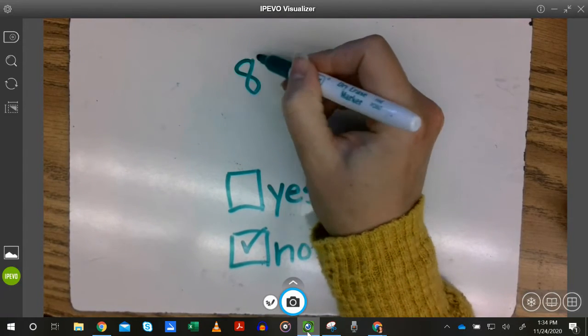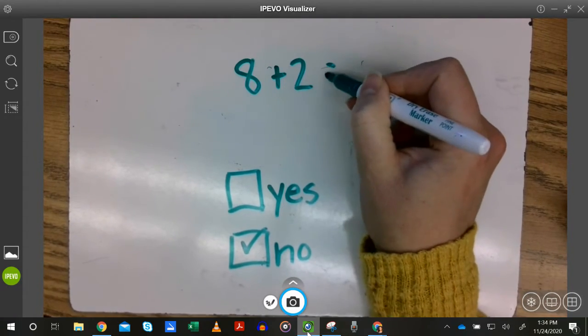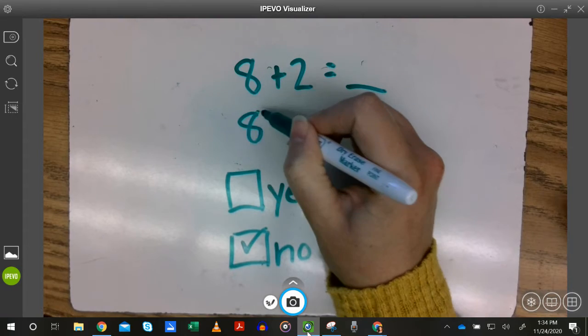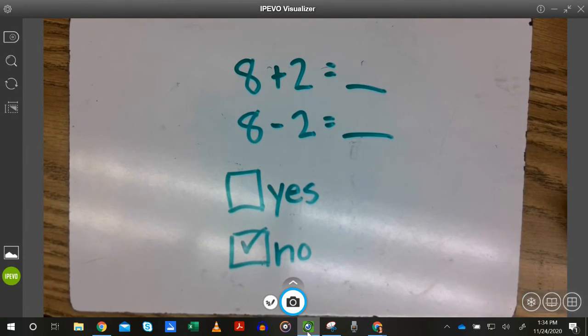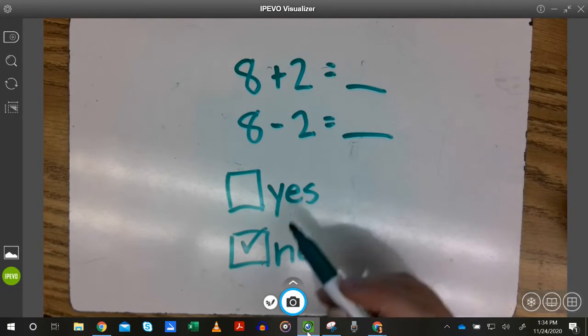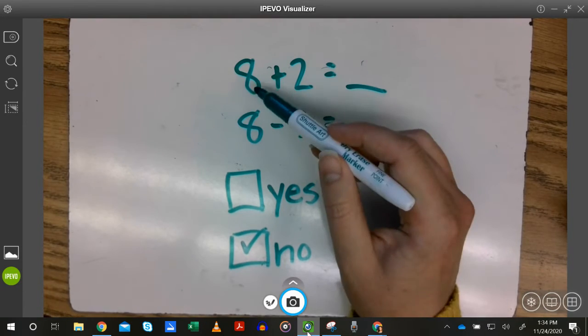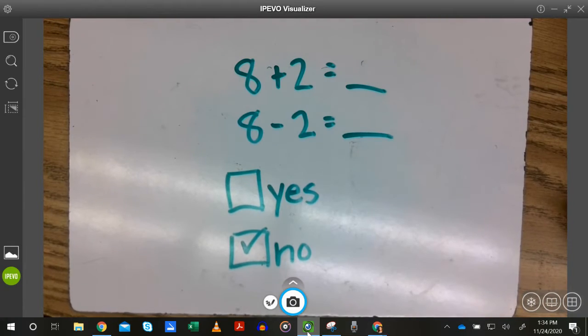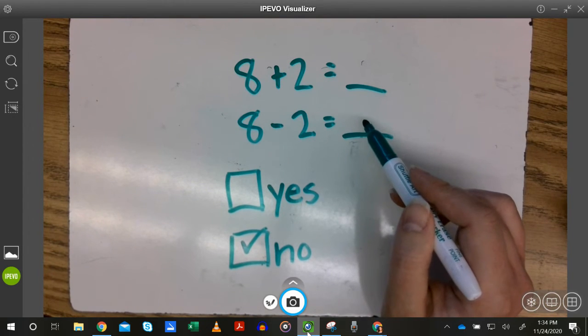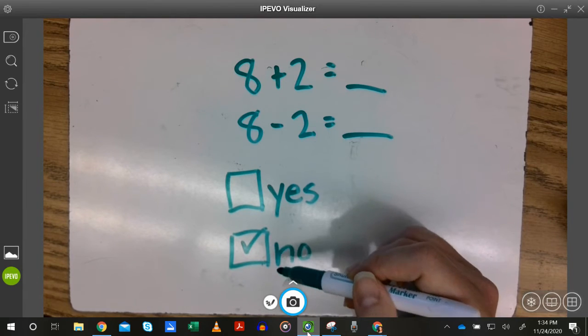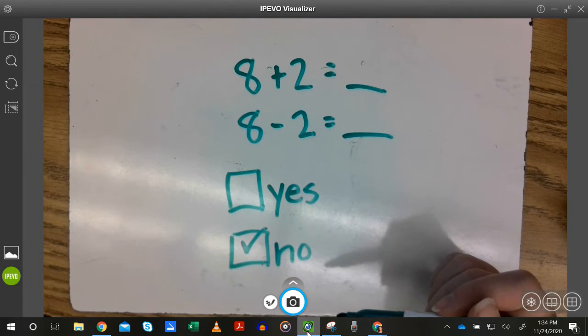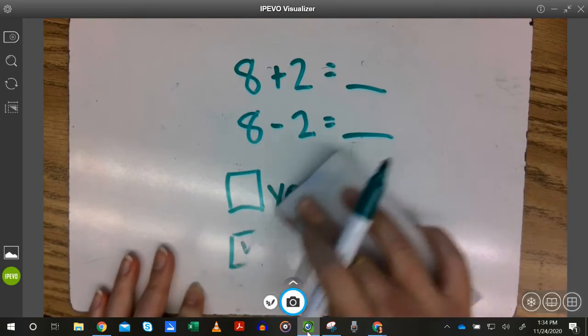We saw 8 plus 2. We saw 8 minus 2. If you just looked at it here, you might have picked yes, because you see an 8 and a 2 on both of them. That's why it's important for you to find your sum and your difference before you pick whether or not they are related facts. Okay, let's do a couple more.